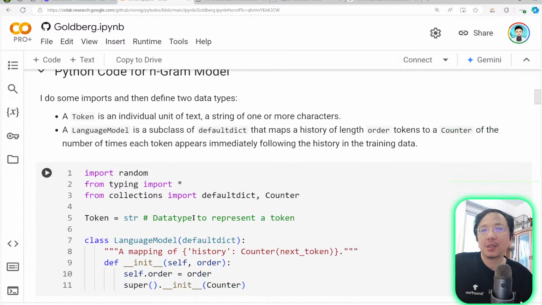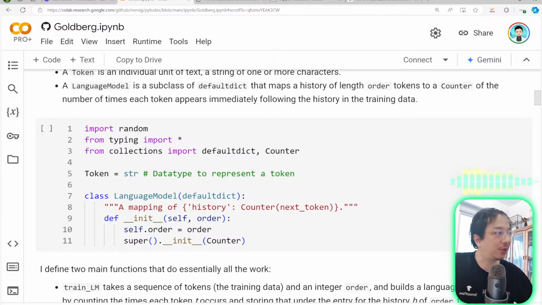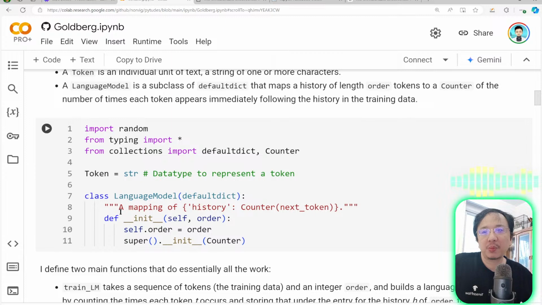And here is simple code for collecting the statistics. It is called a language model, because this is actually an n-gram language model. And we simply use default dict and counter to collect the statistics.